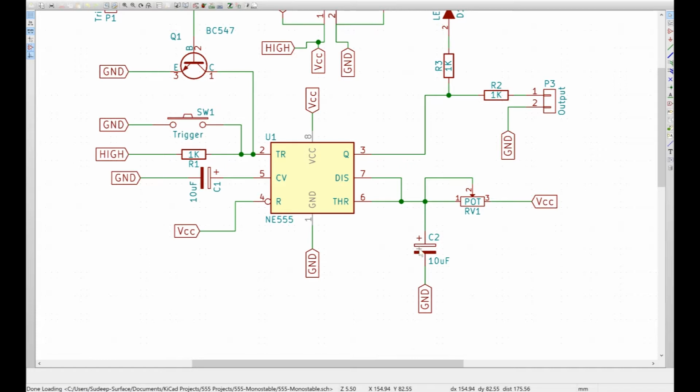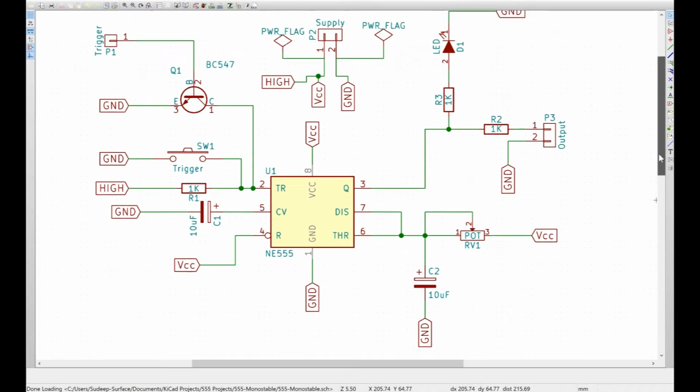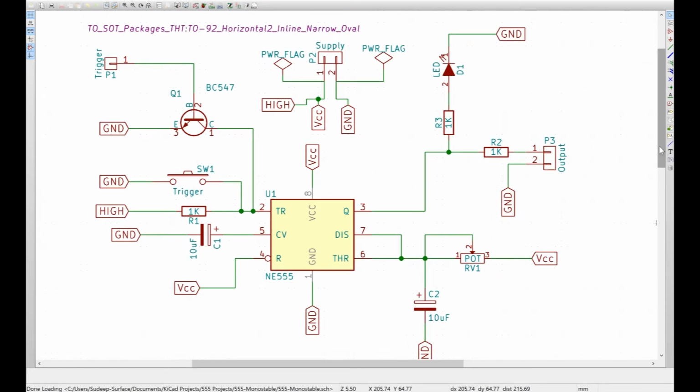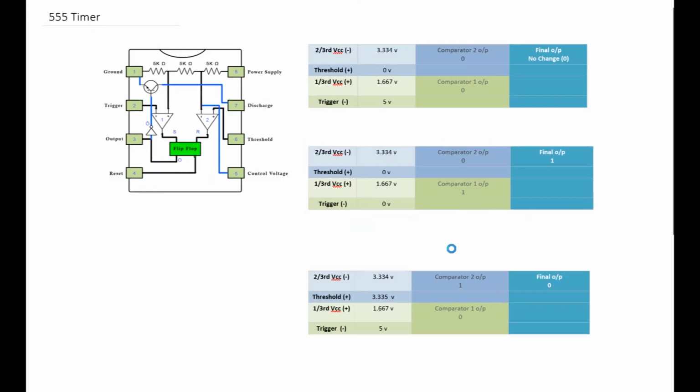The reason why this is important for us to understand is, if you look, the capacitor is connected to the discharge pin and the threshold also. So the potential difference across the capacitor would define what is the input at the trigger. I'm just going to explain the discharge very quickly in a minute. Let's talk of a state where nothing is pressed and we just assembled the circuit. Let's talk of comparator 1 first.